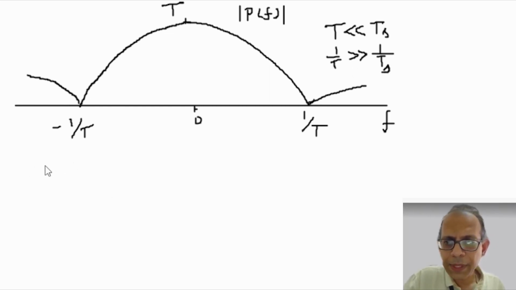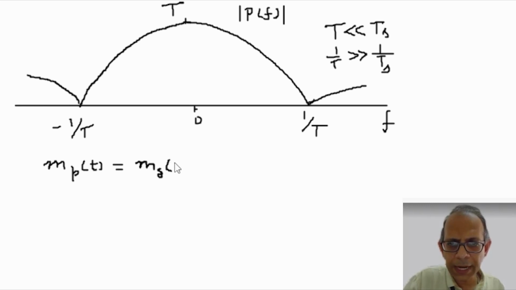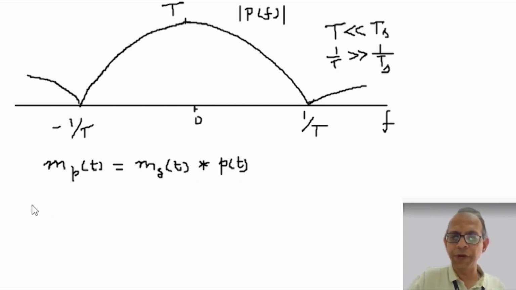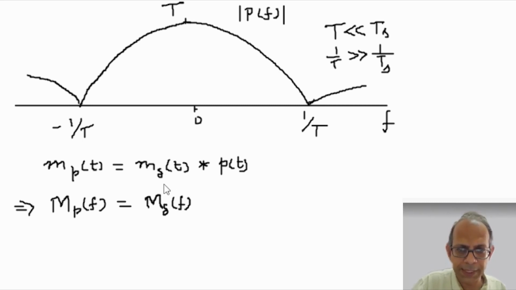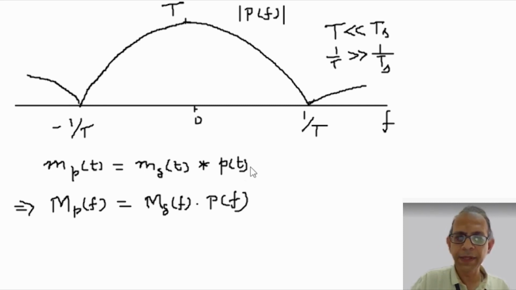Now note that m_p(t) is equal to m_delta(t) convolved with p(t), and convolution in time domain is multiplication in frequency domain. So we can write M_p(f), the spectrum of the flat top sampled signal, is equal to M_delta(f), the spectrum of the ideally sampled signal, into the spectrum of the pulse P(f).